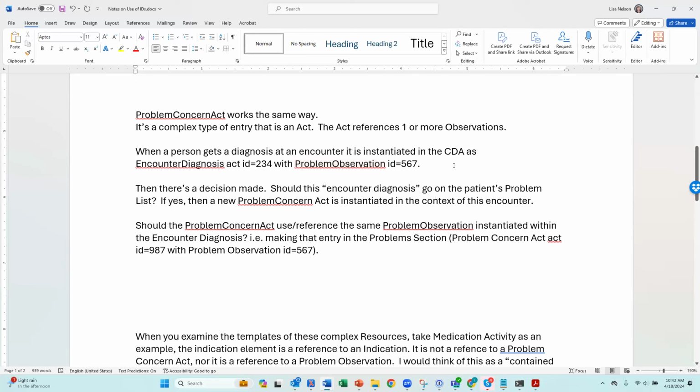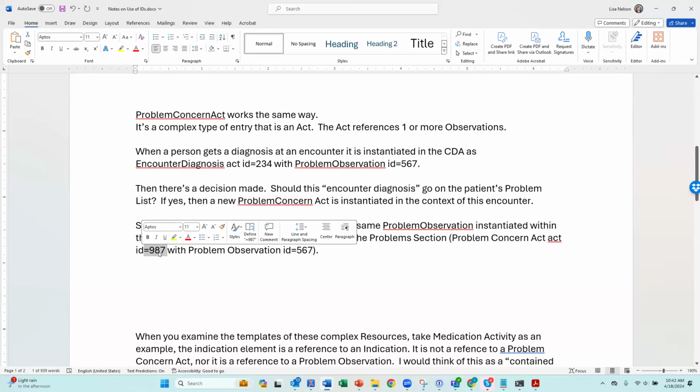Now, the time comes that somebody's making a decision to put this issue on my problem list, and they have to instantiate a problem concern act to put it on the problem list. So what I'm wondering is, what this looks like when you're actually pointing at the data is that I now have a problem concern act. This is a new kind of thing, so I put a new ID, not 987.